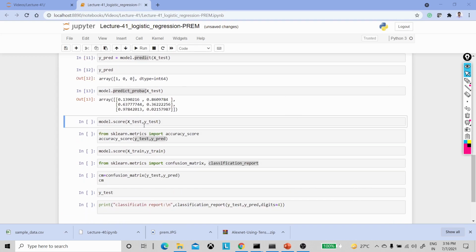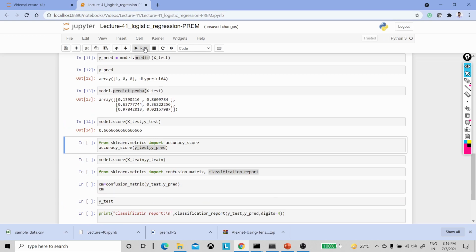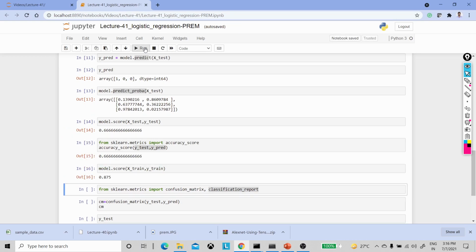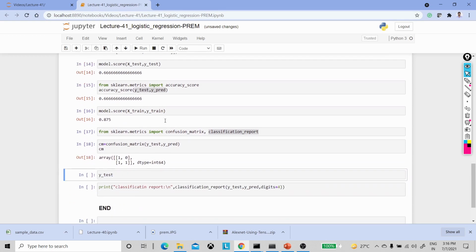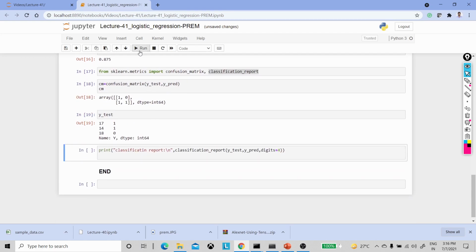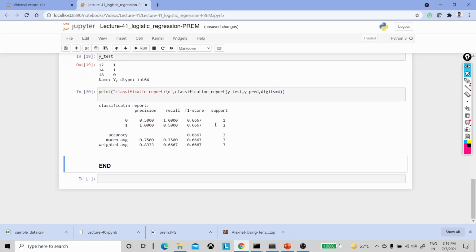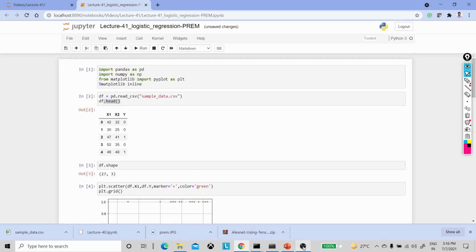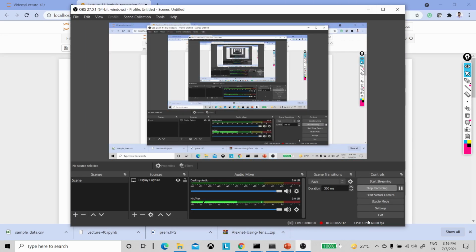And if you see the scores, my test score is 0.66, my train score is 0.87, and then the confusion matrix, and this is the classification report. So this is an example of logistic regression. I hope you understand this topic. Thank you.